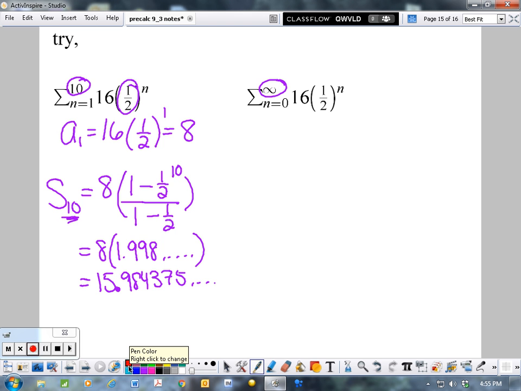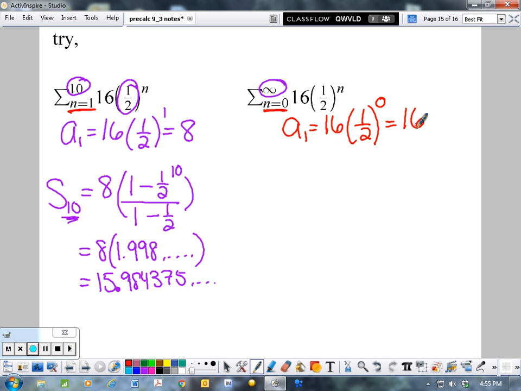In our infinite one, very similar in nature. We're starting with a 0 instead of a 1 on this one, but that's okay. Our first term we'd have to find out. So 16 times 1/2 to the 0 power. That means it's just 16 times 1, so 16.